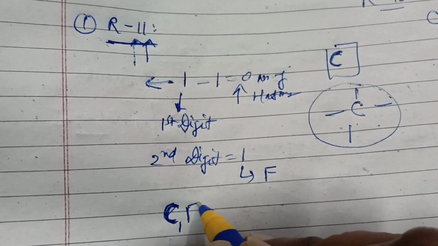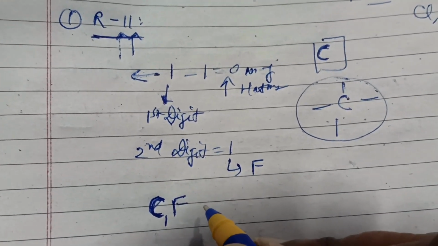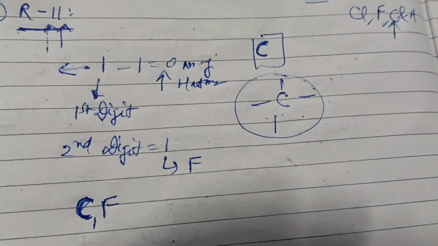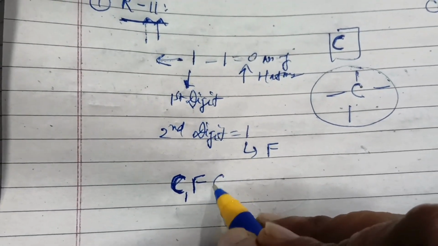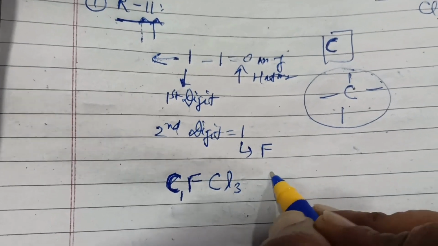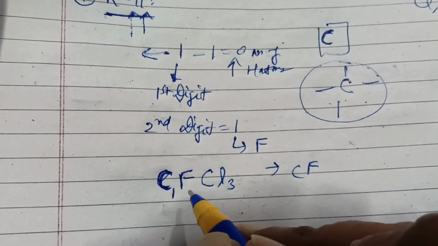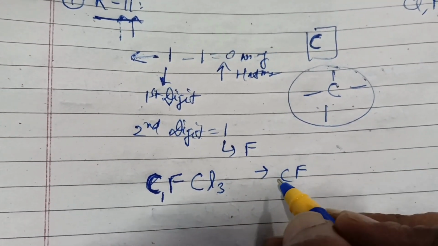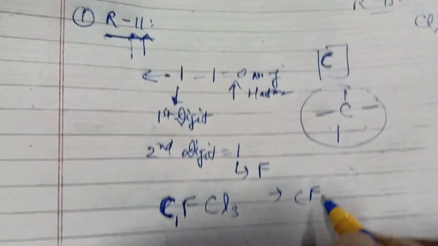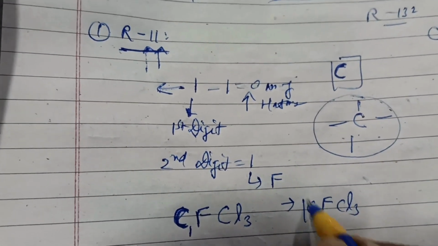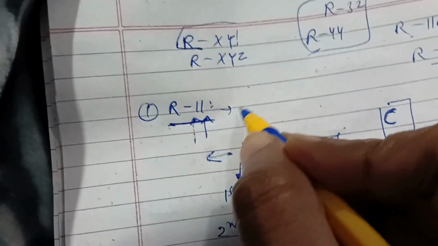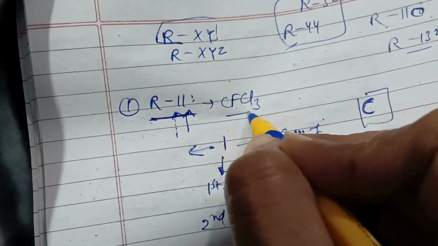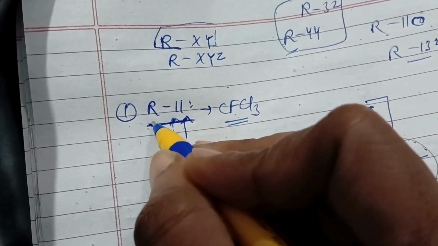F is 1, so we can write F, and the other three vacants are taken by chlorine. So this is the formula CFCl3. You don't have to write 1 as a subscript next to C. So CFCl3 is the formula for this R11. This is the chemical formula nomenclature for the R11 refrigerant.